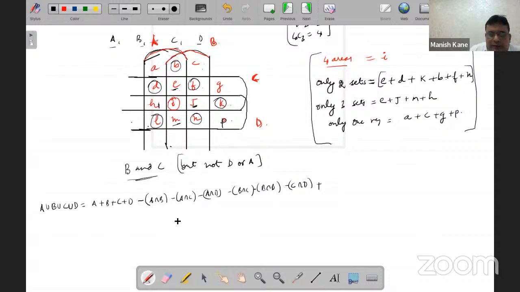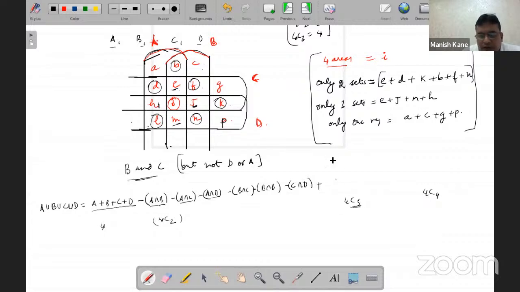The only thing you need to remember is, if you know a bit of permutation combination, single areas will be 4. Areas common to two regions will be 4C2. Areas common to three regions will be 4C3, and area common to four regions will be 4C4.